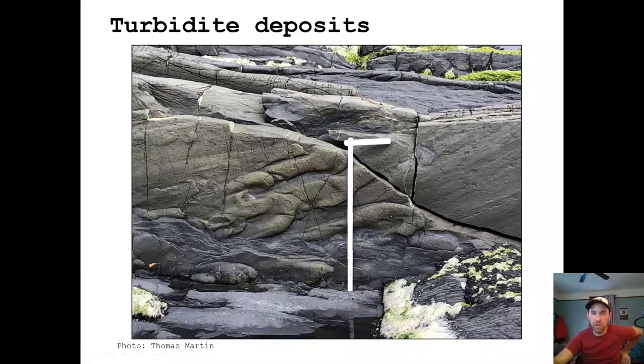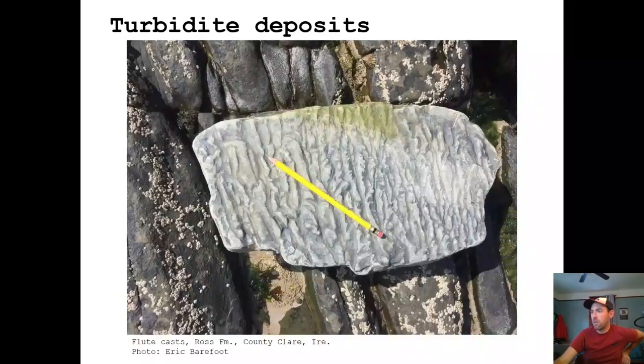Okay, those are referred to as flute casts, and they occur on the bottom of those beds because of that scour. Here's another example of some loads and flute casts. Again, you can get other types of scour features that may not be directional, although typically in a turbidite deposit you would get these directional flute casts, tool marks, etc. And we talked about some of those in the very first sedimentary structures lecture.